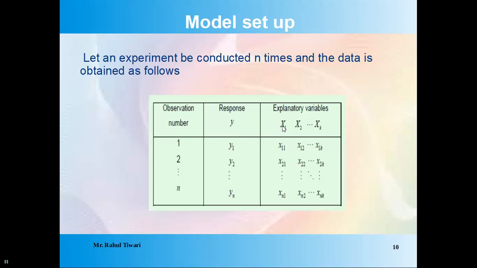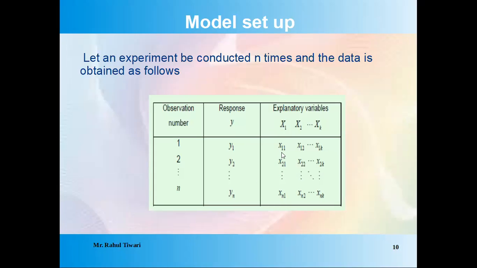So how to do the model setup? This is your model: y is equal to beta naught plus beta 1 x1 plus beta 2 x2 up to beta k xk plus epsilon. But this x1 is nothing but x11, x12; if you see the previous one, this x1 is x11, x21, xn1.